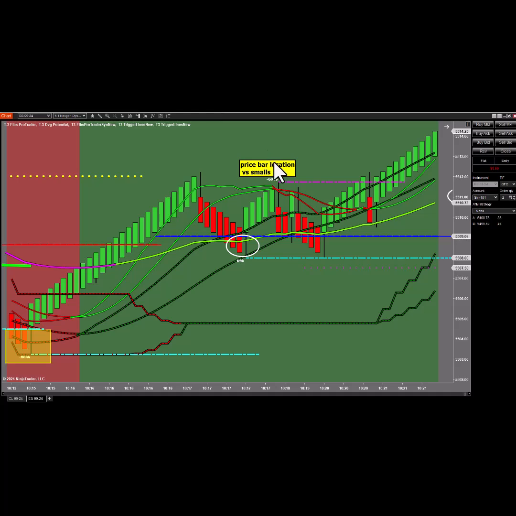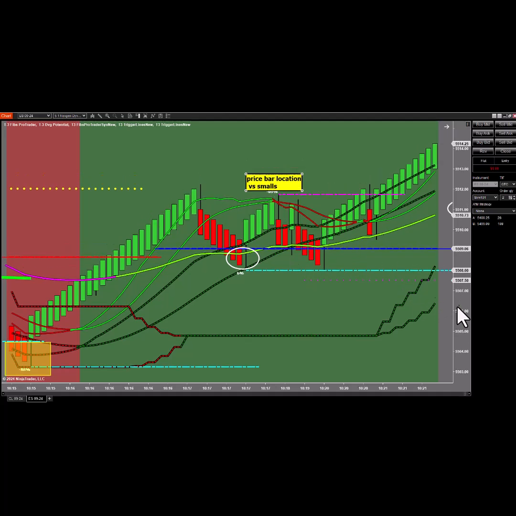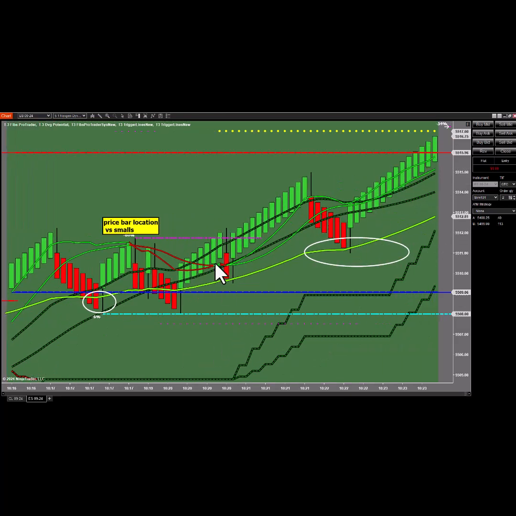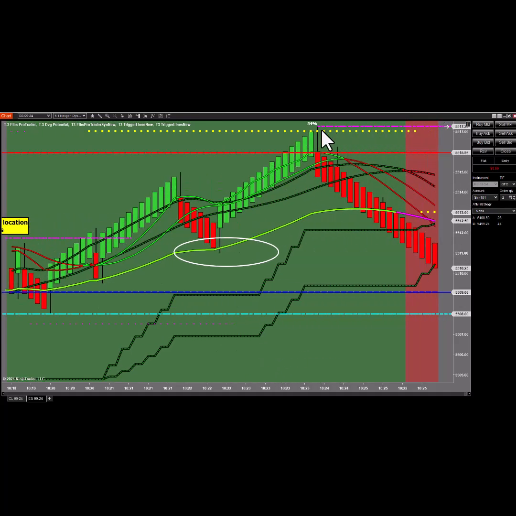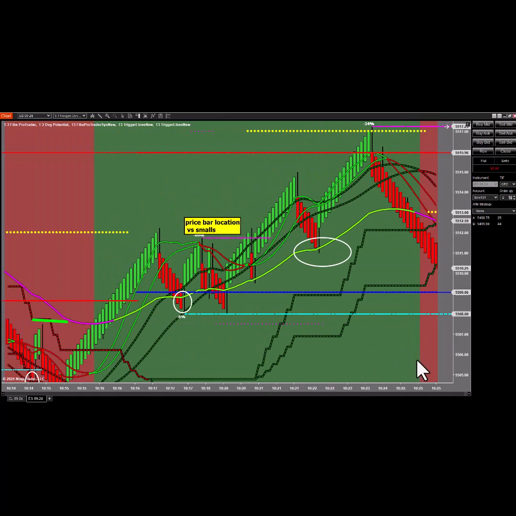Now, at what point can you go again? Now, I've made a big stink out of this, right? So you have to have a close above your triggers, usually, to try it again. So, again, you can try it down here, of course, but once everything rolls up again and you've got a second chance, obviously we take it up to resistance.